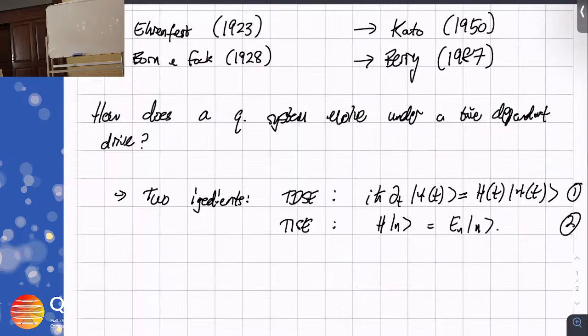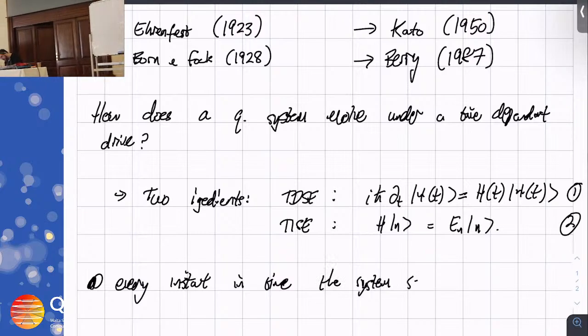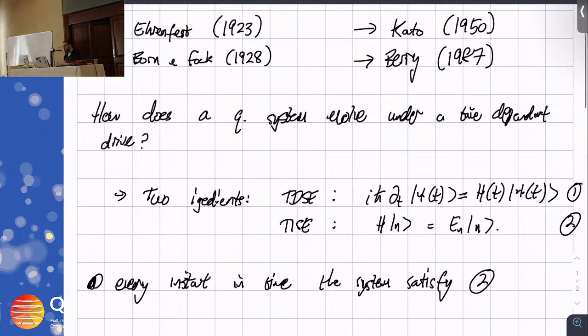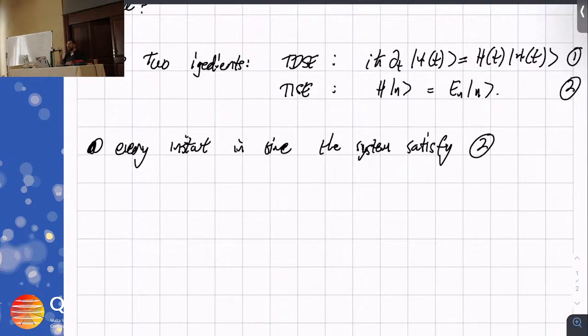Well, I can start with my time-independent Schrödinger equation. At every instant in time, the system has to satisfy the time-independent Schrödinger equation. So I can think about an instantaneous solution.